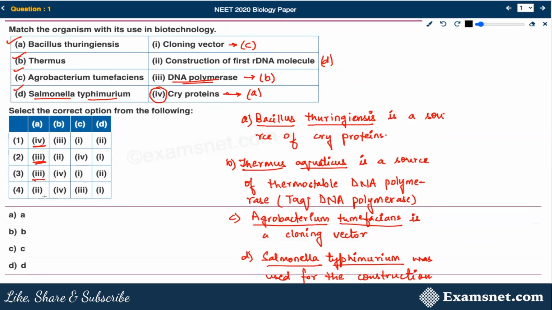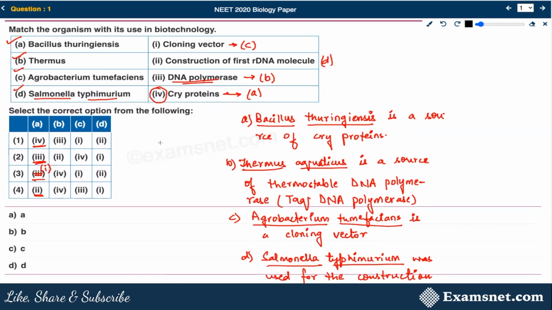And the fourth option will be for the construction of the recombinant DNA molecule. Here a 3 has been mistakenly printed, but it will actually be 1 over here. So there's a printing mistake.